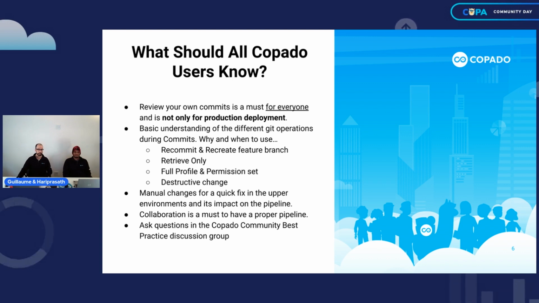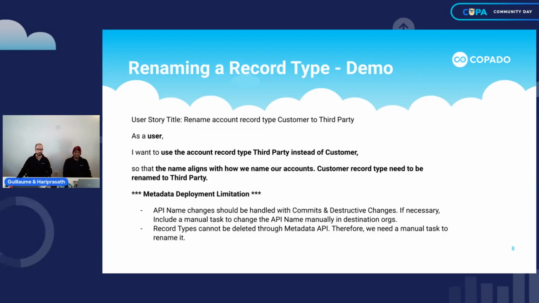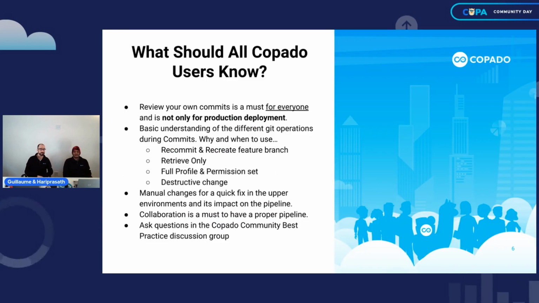We have this kind of question in the community every day. They are doing manual changes in the destination, or just deploying the changes. This should not happen, since this will break your pipeline.